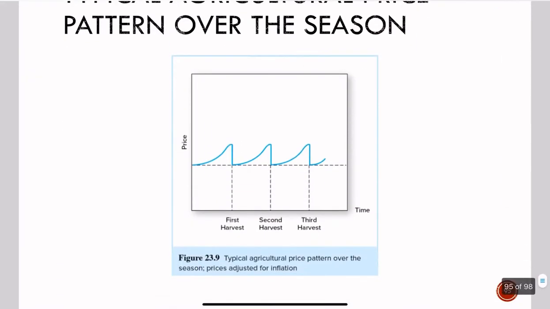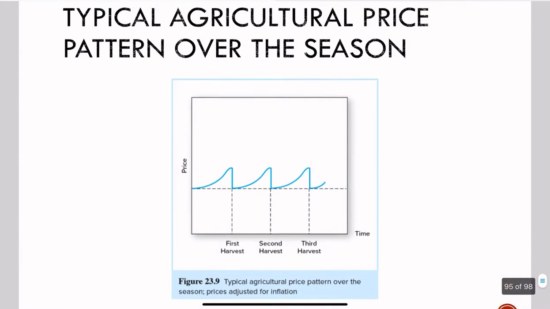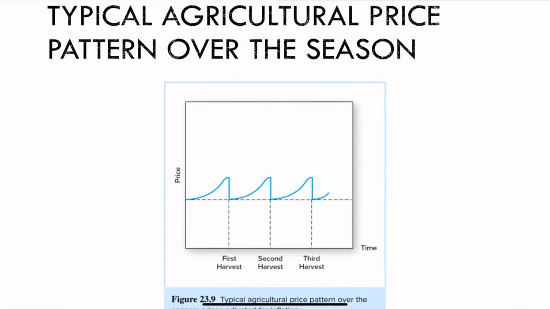So if you look at this picture here, what you can see is we have 3 cycles. For the first harvest, you can see that price would actually go up. But then the more important feature is after the first harvest, price will drop.